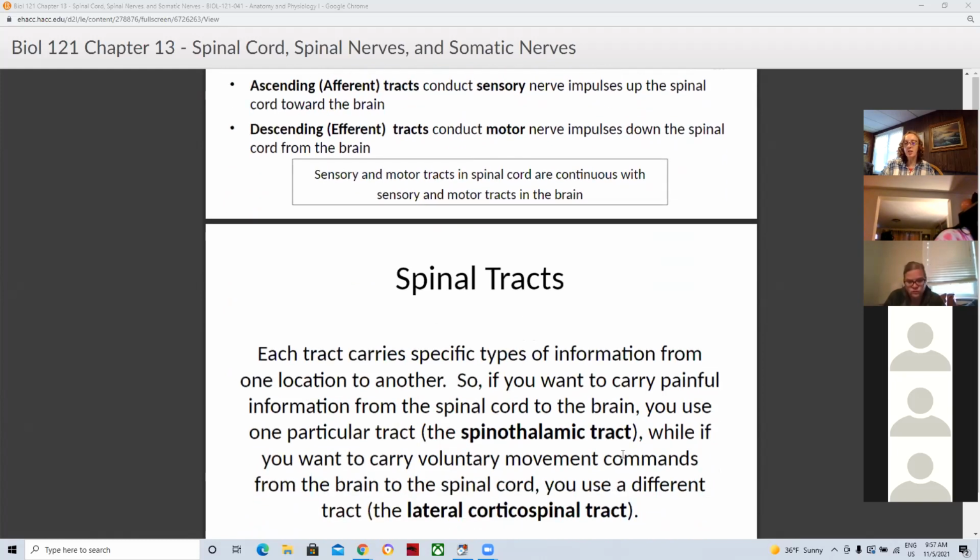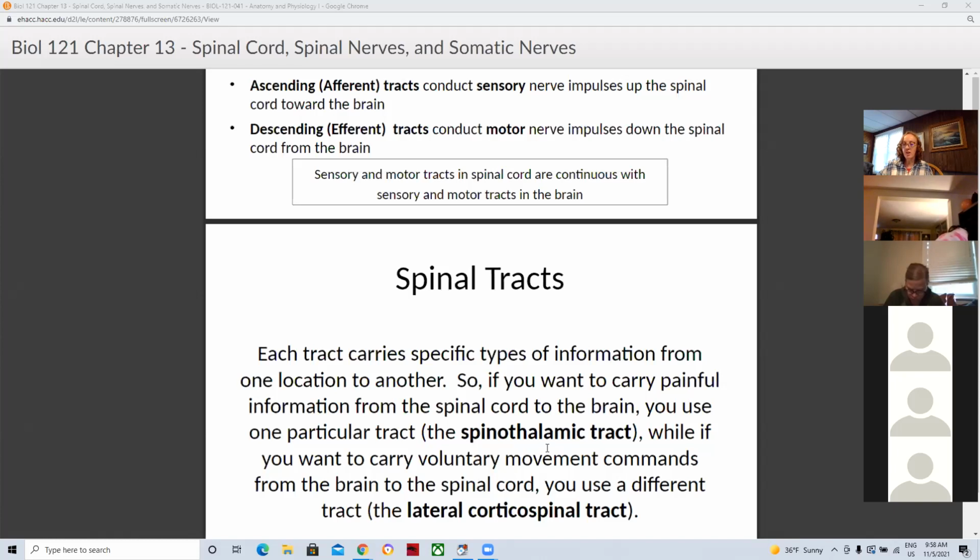Each tract carries specific types of information from one location to another. Therefore, if you want to carry painful information from the spinal cord to the brain, you use one particular tract, the spinothalamic tract.